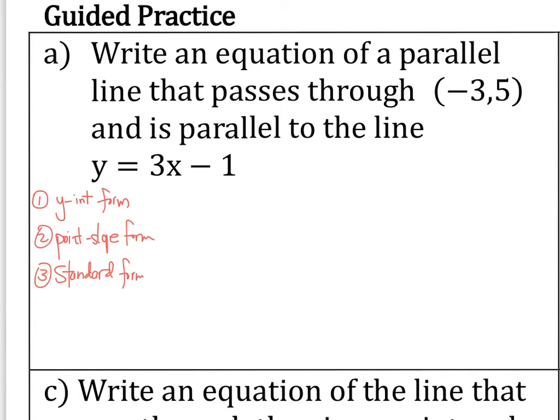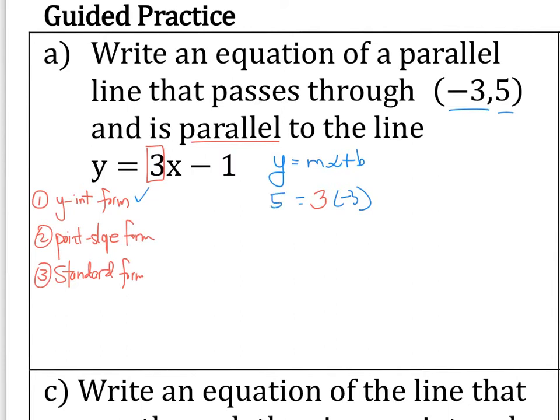I am going to choose the y-intercept form because I find it easier. So let's set it up. y equals mx plus b. Now I have the slope here, 3. In order for the line to be parallel, they need to have the same slope. So I'm going to sub that in for m. And I have a point here. -3 is my x, 5 is my y.